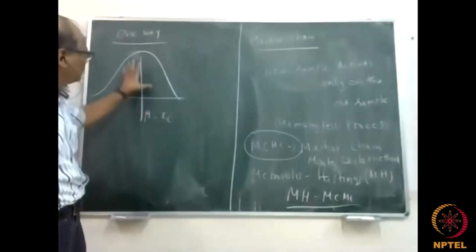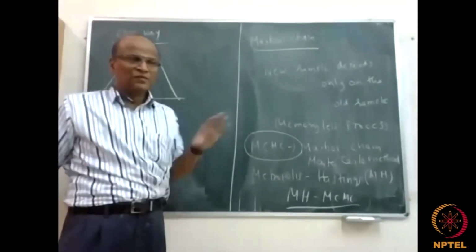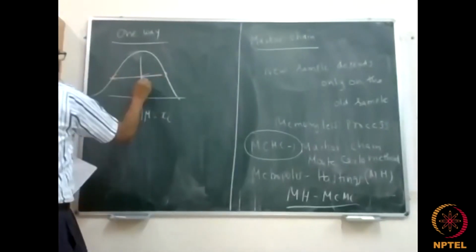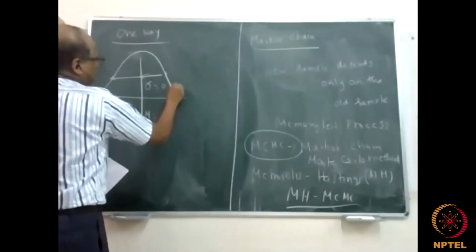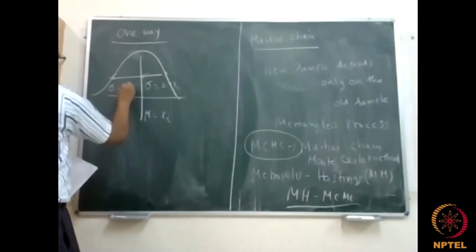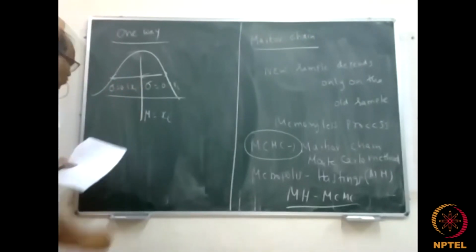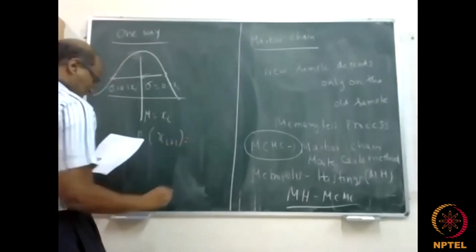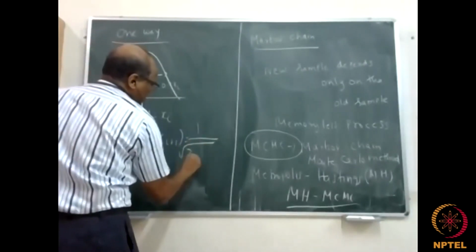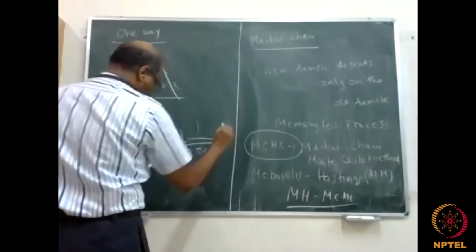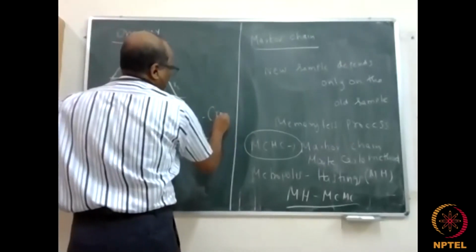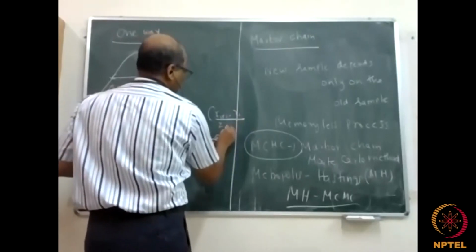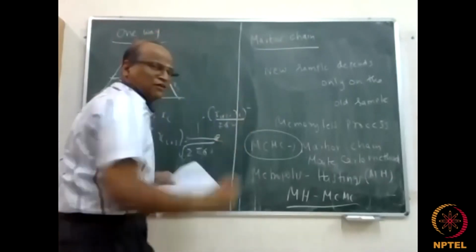You consider a Gaussian distribution around the current sample and take an appropriate sigma equal to 0.1 of xi. Now you are saying that the probability of getting the (i+1)th sample is 1 by root 2 pi sigma square, e to the power of minus (xi+1 minus xi) by 2 sigma square, whole square. Are you getting the point?